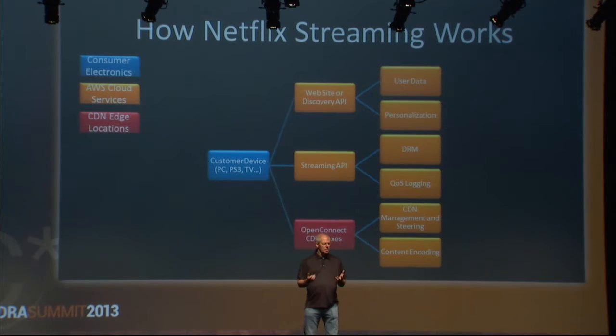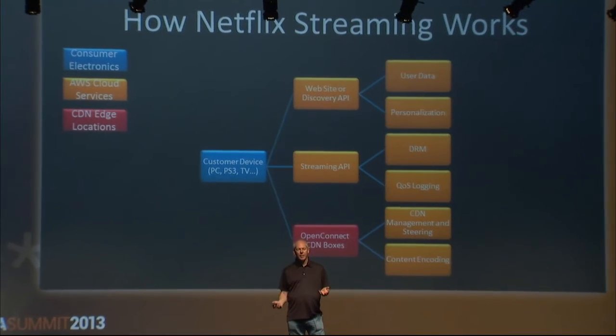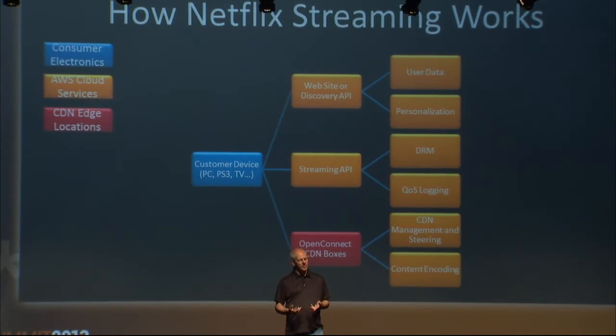So you talk to the website or Discover API, find out about everything. You've got user data coming from Cassandra, personalization data coming from Cassandra. Then we have the streaming API after you've hit play. We get the DRM data. We do quality of service logging, which gets written into Cassandra. It remembers where you are in all your different movies for bookmarks. Again, Cassandra again.